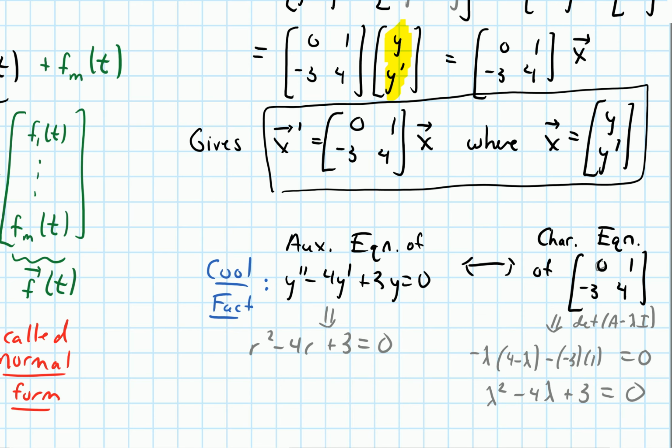So notice that the characteristic equation of this matrix once we put it into normal form is exactly the same as the auxiliary equation of the original differential equation before we did anything to it. So that is one of the reasons why this auxiliary equation is sometimes called a characteristic equation.